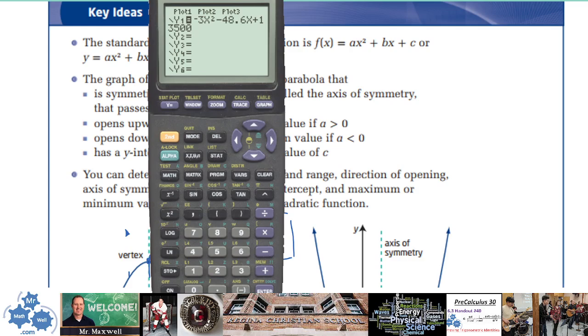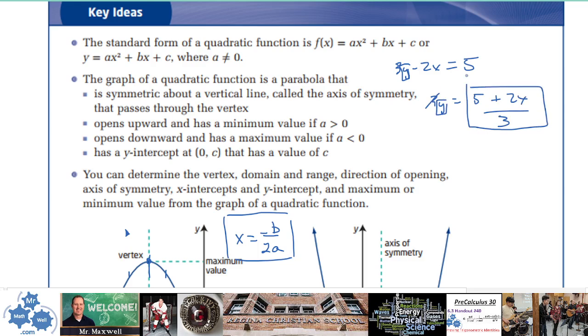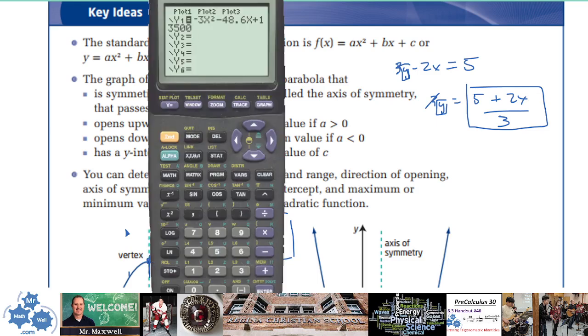If you have something like 3y minus 2x equals 5, and you're trying to graph this as a line on your graphing calculator, you have to solve for y first. So you'd have to do some math first, and then plug this into your calculator, and then it'll work. That's why you see on this screen, it's y equals, y equals, y equals.